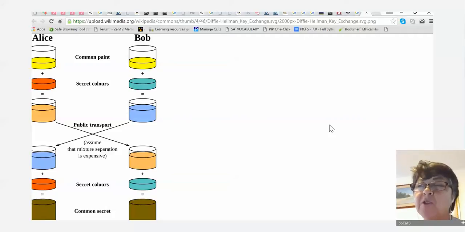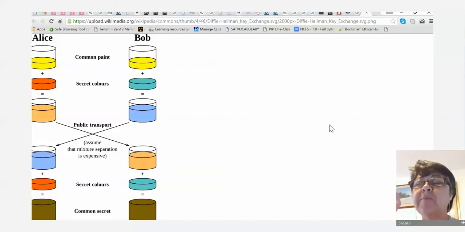There is one major assumption here. As they send these colors over the public transportation, if someone were looking at it, they'd say, whoa, orange is going past, and the baby blue is going past, and I know the orange is a combination of yellow and bright orange. Now, they're saying that's not easy to do. That's the assumption.